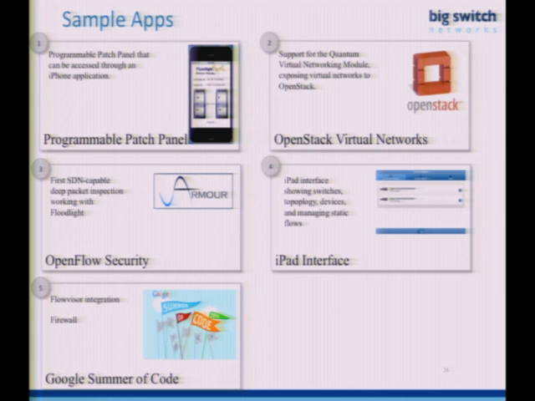There's also a little app that one of our engineers wrote that is an iOS app that implements a very basic patch panel, so you can actually just take 2 ports, hit a button, and then it connects 2 ports together. Not that useful except as a showcase of the power of the REST API. And there's a couple of companies that are building products on top of Floodlight as well. VRHR is one started by a couple of the founders of NetScreen.